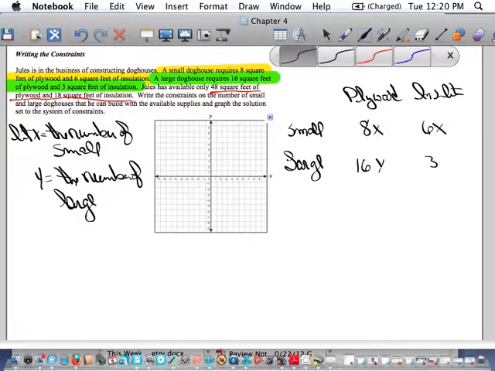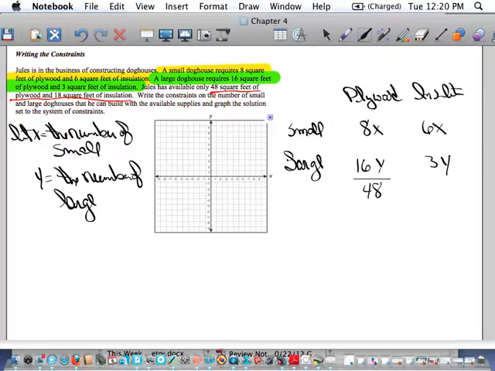Okay. Now I need to think about what's my limiting factor, and that is that I only have 48 feet of plywood and 18 feet of insulation. So let's look at writing our constraints.